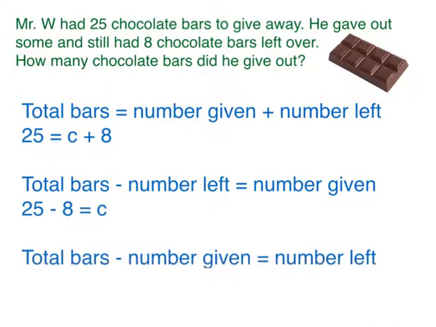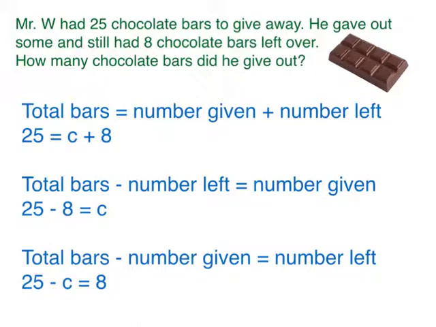You could say that the total bars minus the number given is equal to the number left. And that would look like this. 25 minus C is equal to 8. All of these equations are true and they all fit with this word problem. And they will all give you the exact same answer.